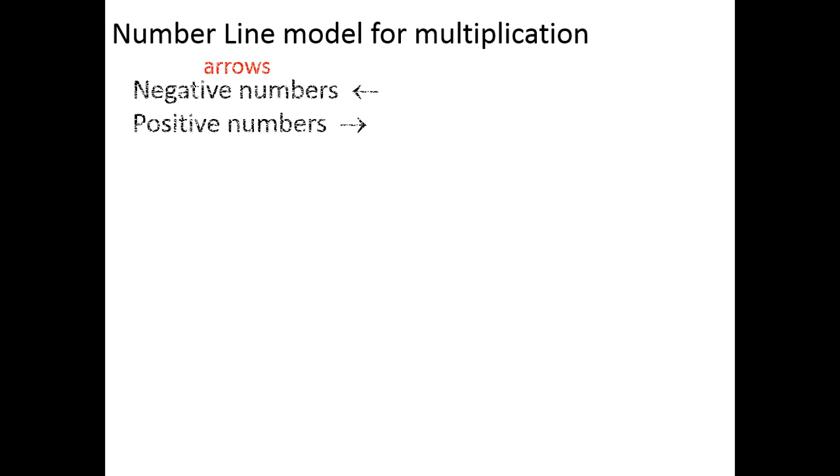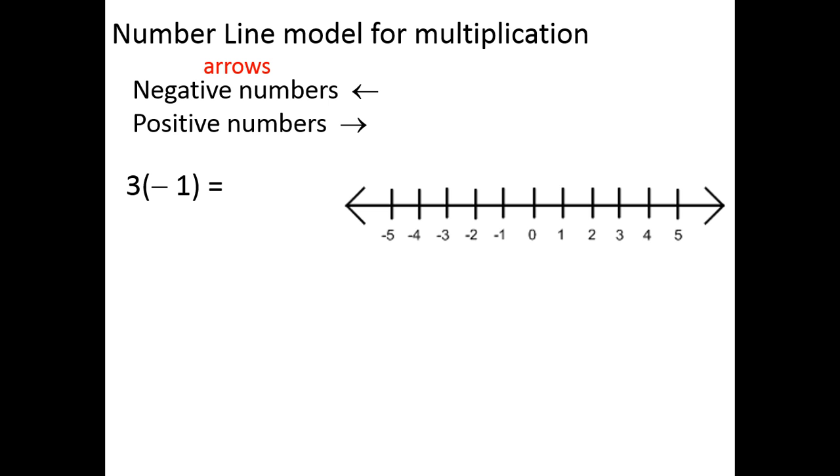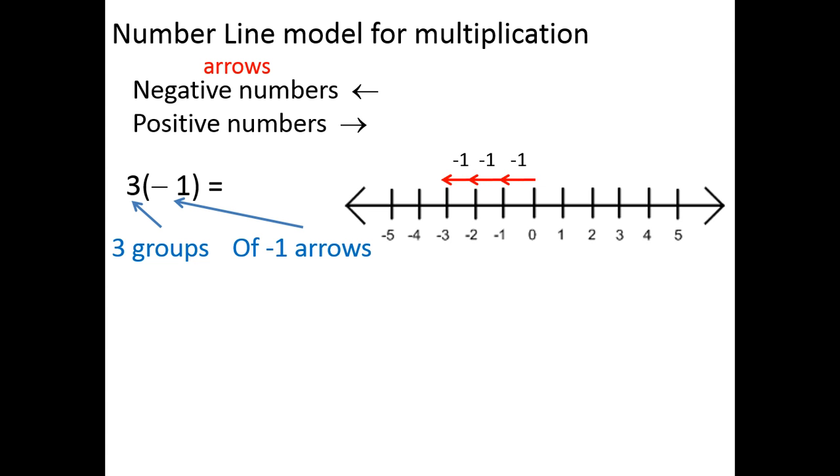There's also a number line model for multiplication. Remember, we talked about the directions that the arrows go to represent positive and negative numbers. So if we have 3 times negative 1, that means we have 3 groups of negative 1 arrows. So we would have 1, 2, 3 groups of negative 1 arrows.